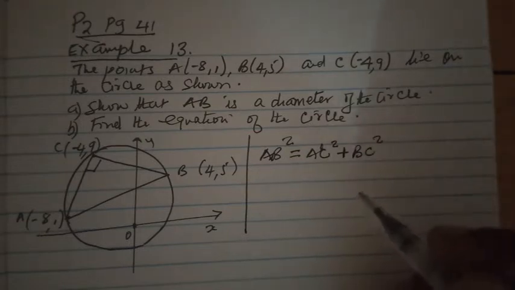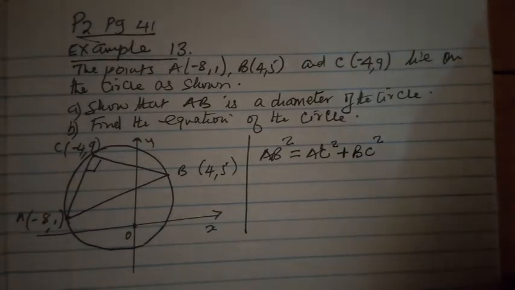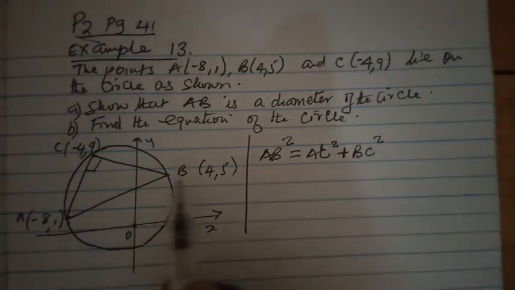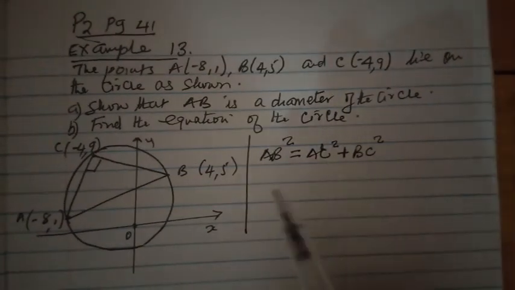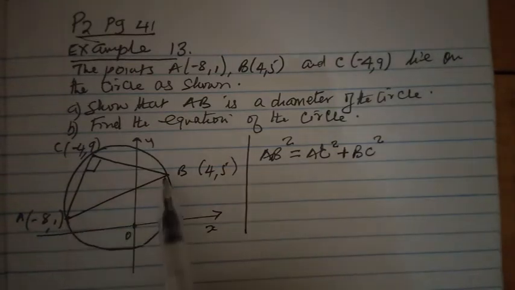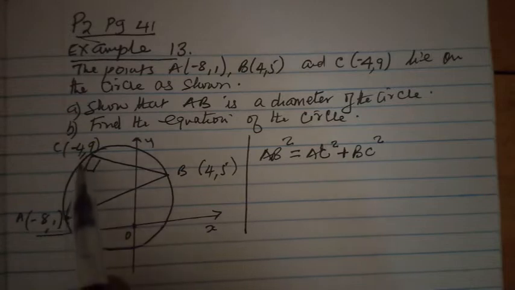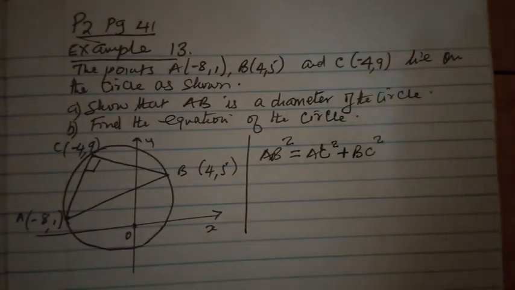This is just what we need to verify to state that AB is the diameter, because a diameter will always subtend an angle of 90 degrees on the circumference.